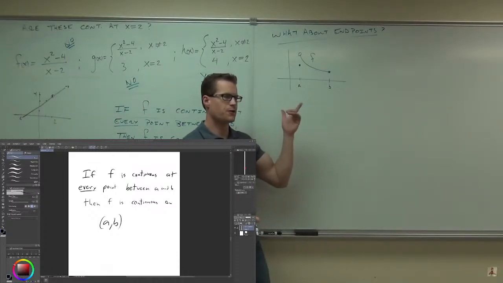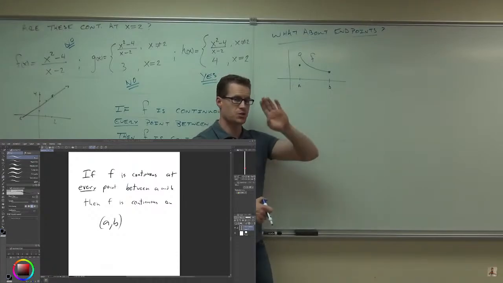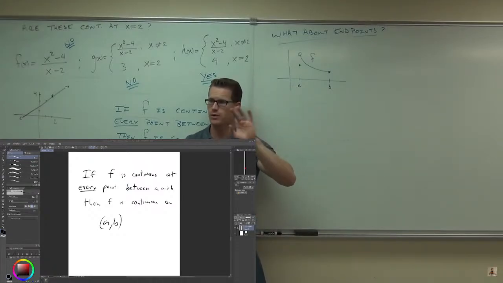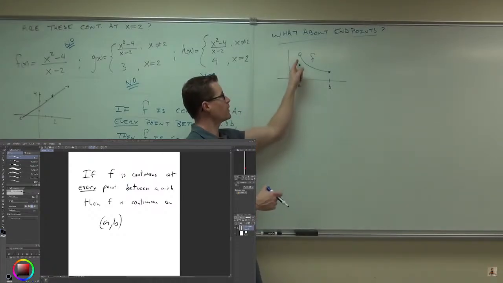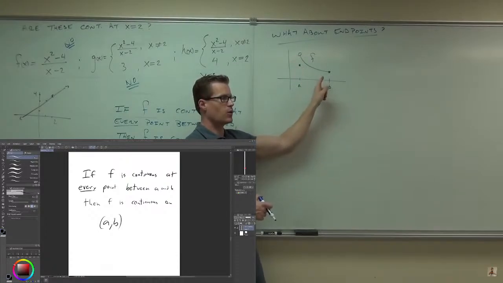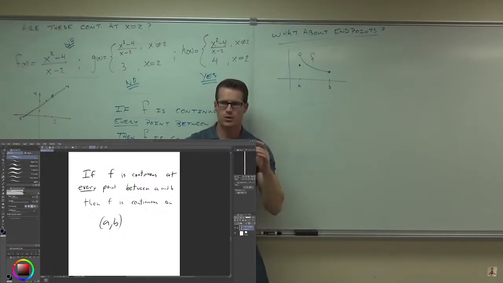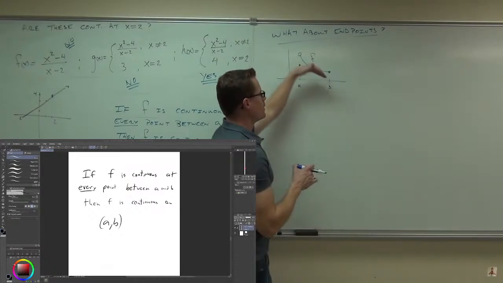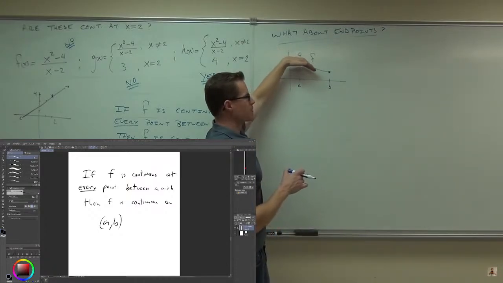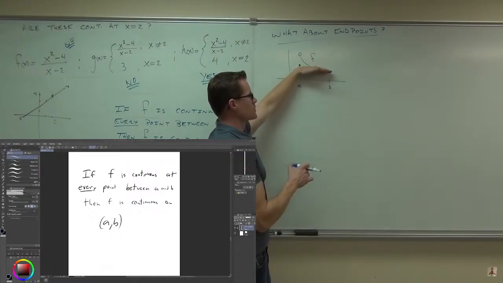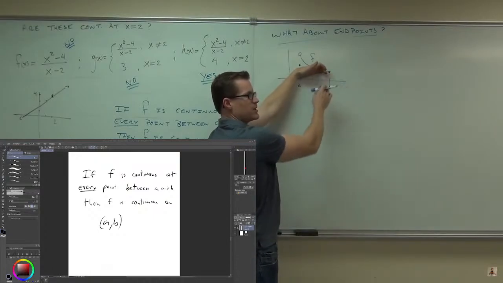Would you say this function is continuous between a and b without including the endpoints? For sure, at every single point. There's nothing wrong with it. Now, would you say it's continuous at the point b? Yeah, the point's there, right? Here's the weird thing. We don't have a full-on limit because we don't even have one side. However, the one-sided limit from the left goes to the same value that the point b is defined at.